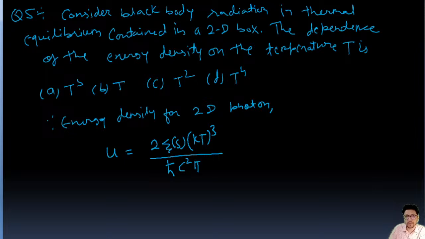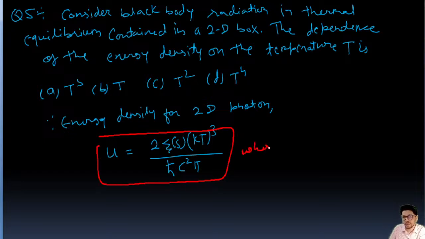Okay, so this is the formula, guys, where zeta S has the value 1 plus 1 upon 2 square plus 1 upon 3 square and so on. This is called the Riemann zeta function.